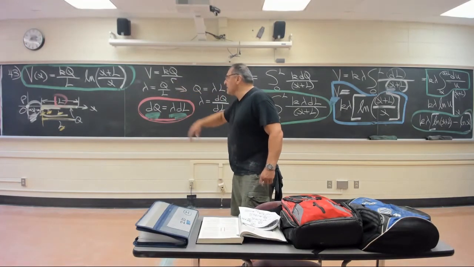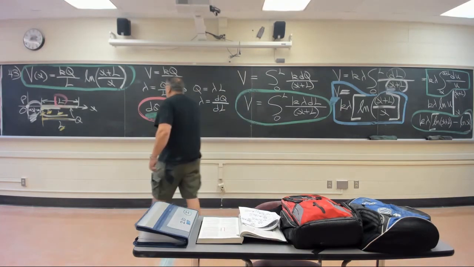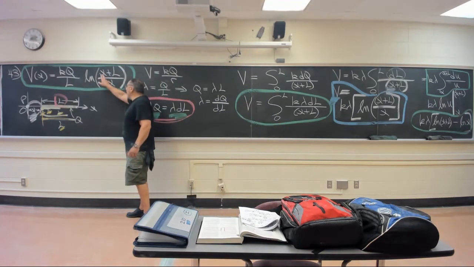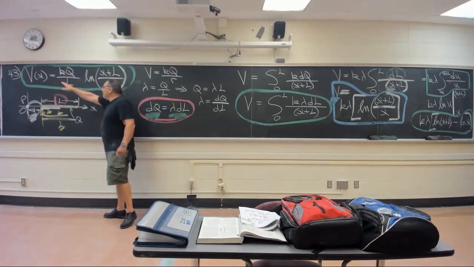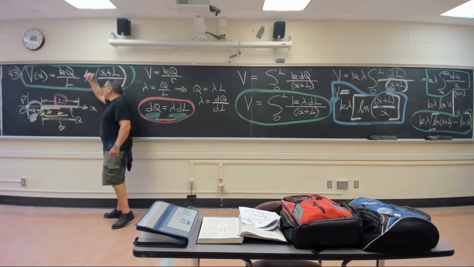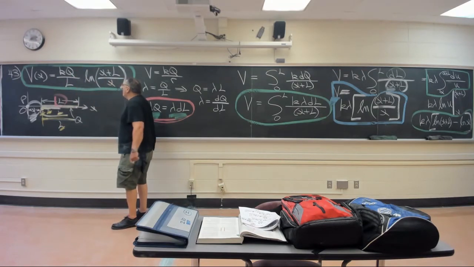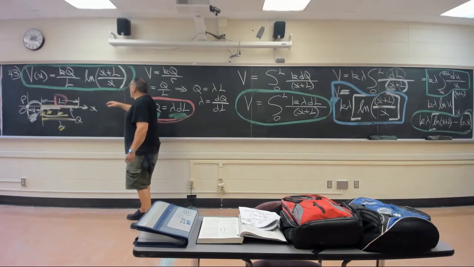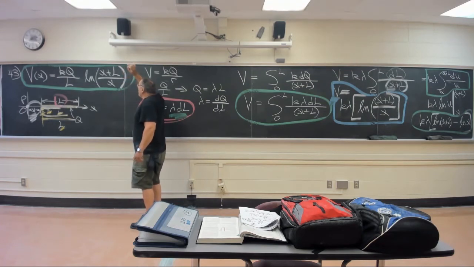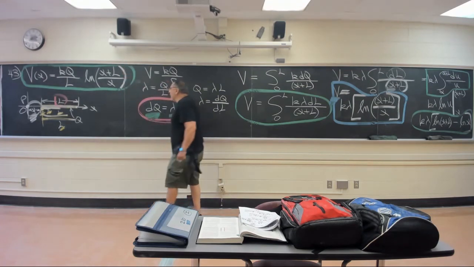They're treated as constants at this point, and also right here as well. The x and the capital L are also treated as constants. Capital V of x equals K capital Q over capital L times the natural logarithm of the quotient (x plus L) over x.